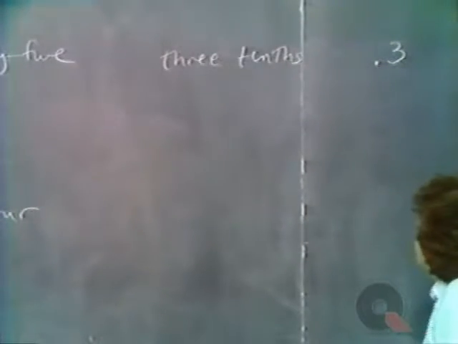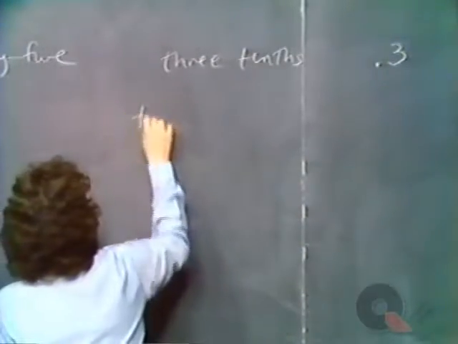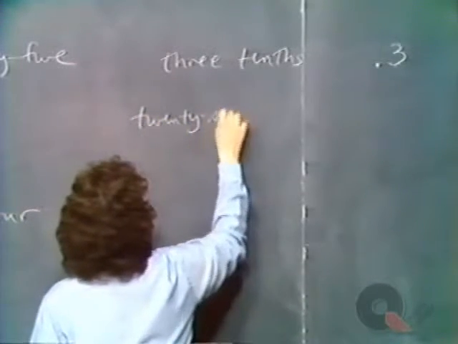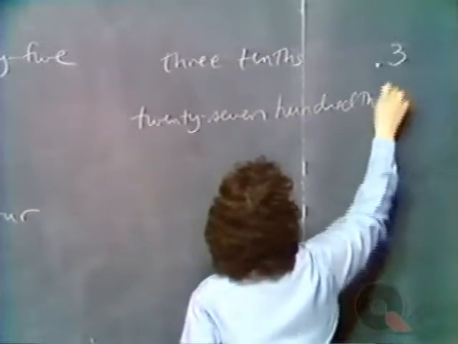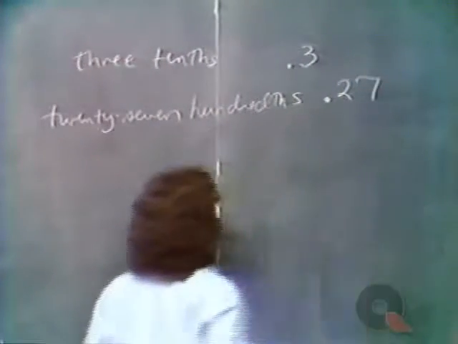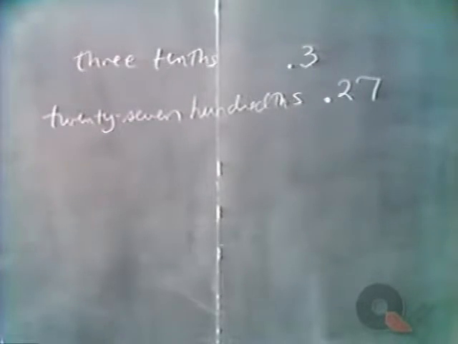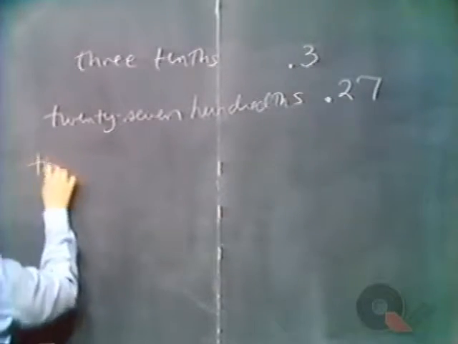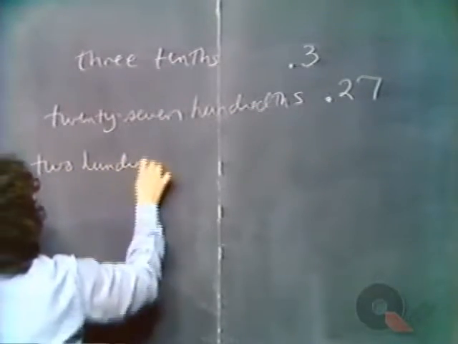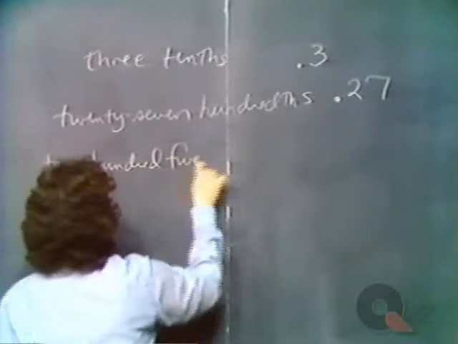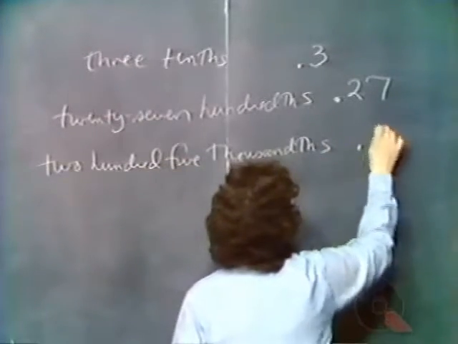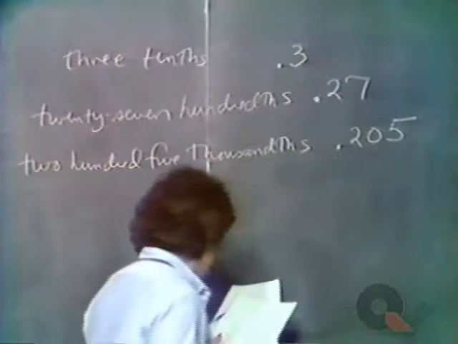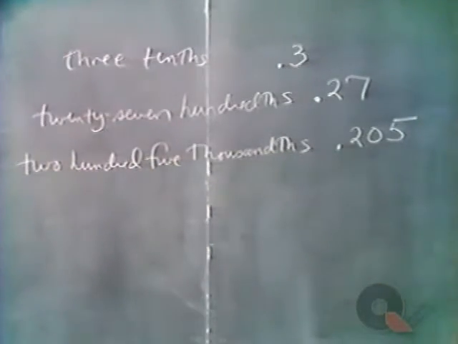Nothing to the left of the decimal point, and to the right in the tenths column we would have a 3. 27 hundredths. 0.27. 27 hundredths. 205 thousandths. 0.205. 205 thousandths.